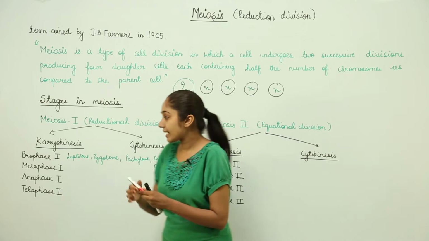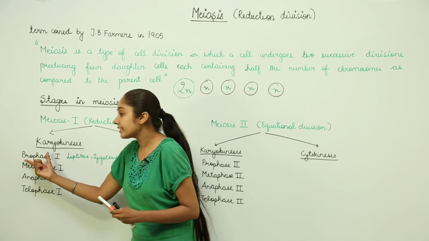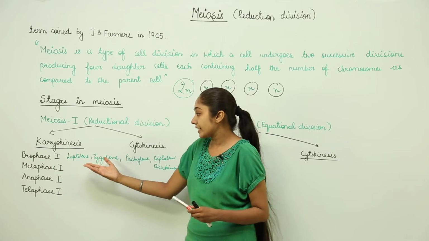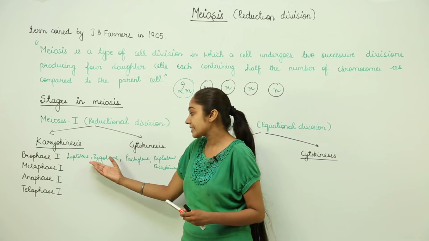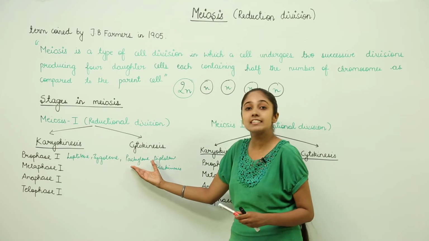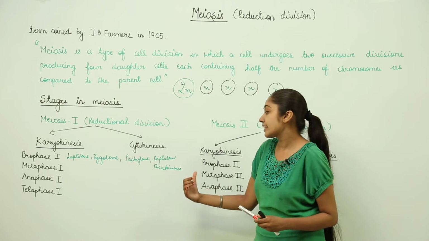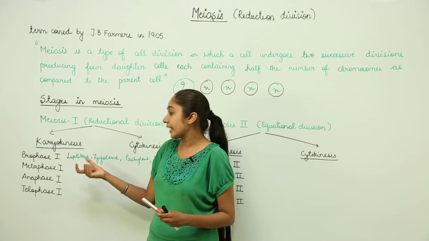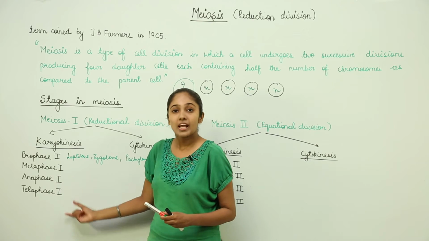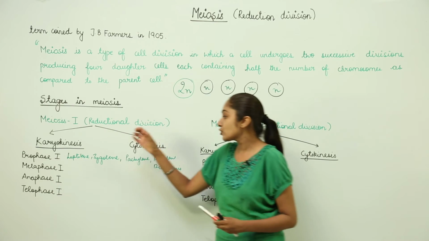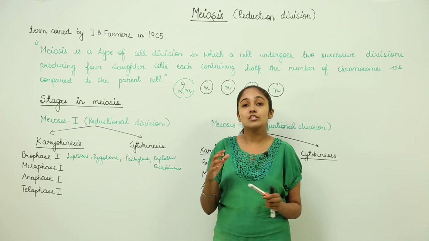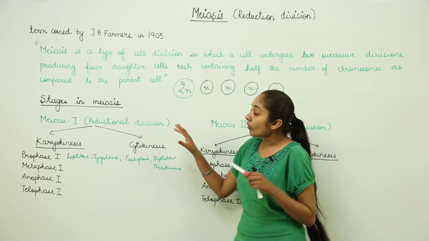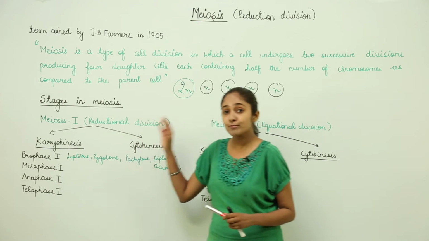Alright, so you can make out that prophase 1 is further divided into the leptotene stage, zygotene stage, pachytene stage, diplotene stage, and then diakinesis. Then we have metaphase 1, anaphase 1, telophase 1. And after this process, cytokinesis is going to take place, in which the division of cytoplasm occurs. Now what is the main feature of meiosis?